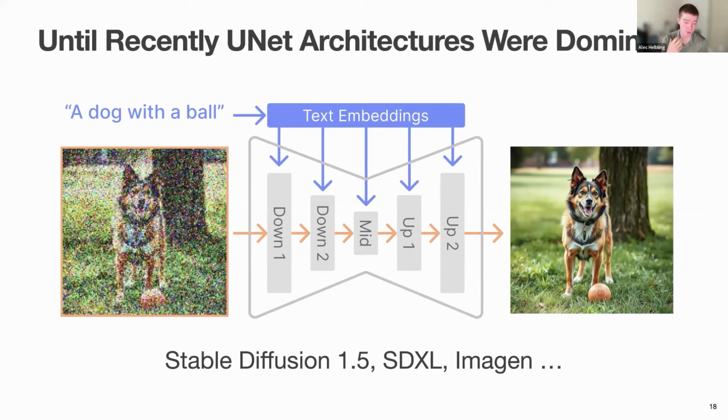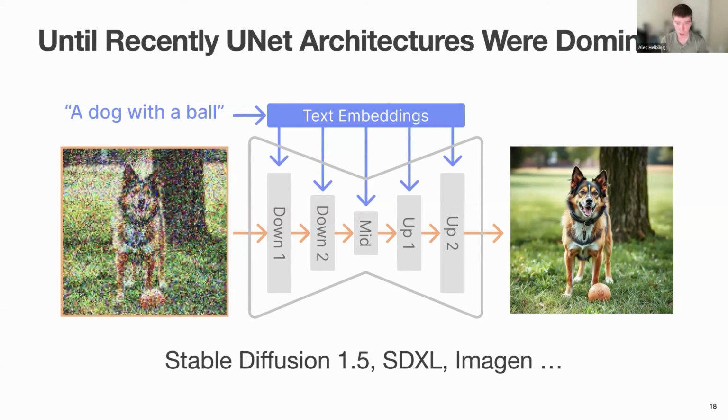They also have a mixture of transformer layers, attention layers that are responsible for incorporating the textual information into this representation to guide and steer the model towards generating an image that matches a text description.